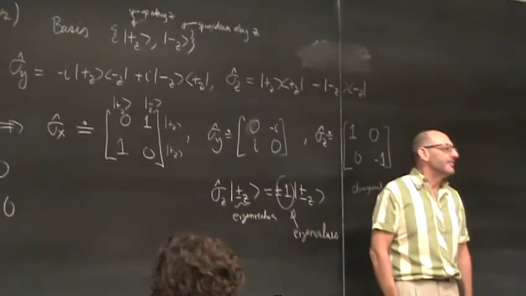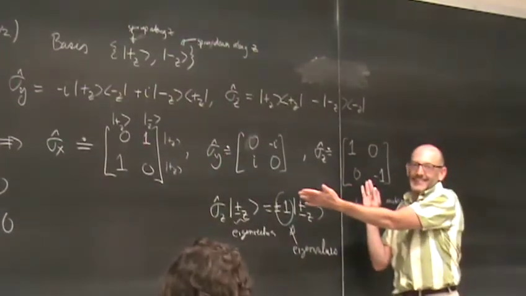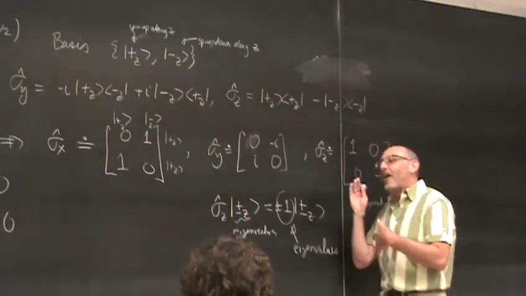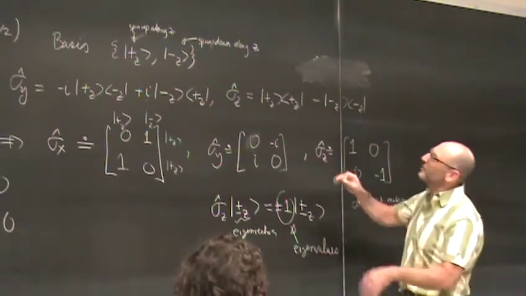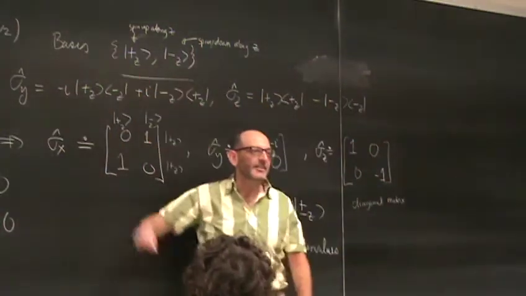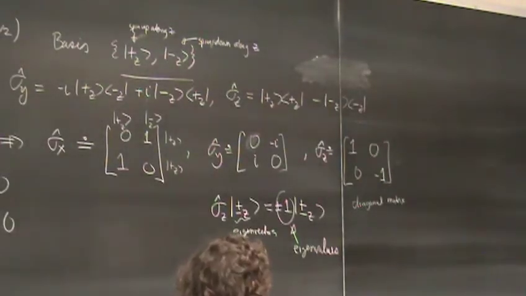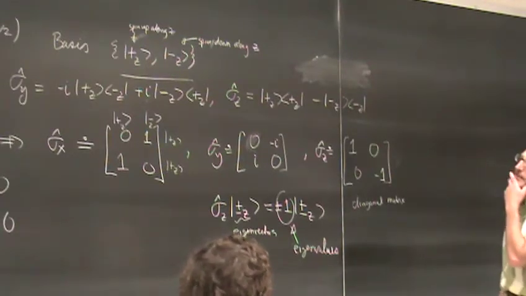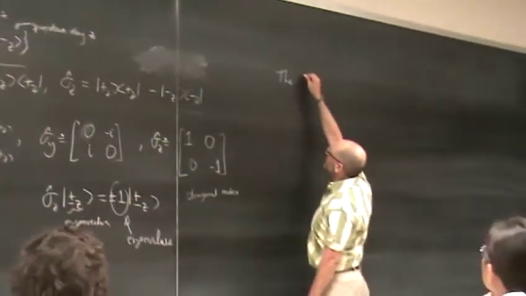When someone says, write down the Pauli matrices, they always mean these, because the Pauli matrices are understood to be the Pauli operators represented in this basis. All right, so with that said, what are some other interesting things we could say about these matrices? Firstly, the Pauli operators are Hermitian.